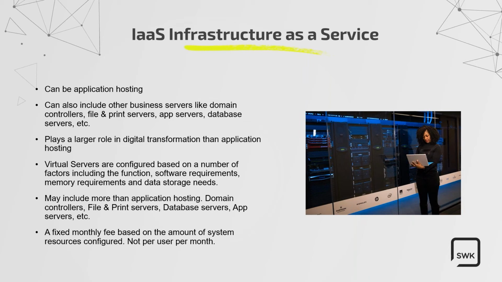It's one thing to move your Sage or ERP application to the cloud, but if you can move all of your servers to a secure private cloud, you really achieve digital transformation. You get out of the server hardware game altogether, and you put your company in a much more cloud forward position.